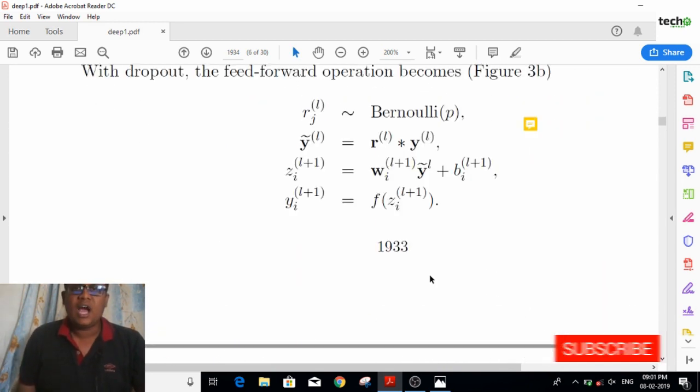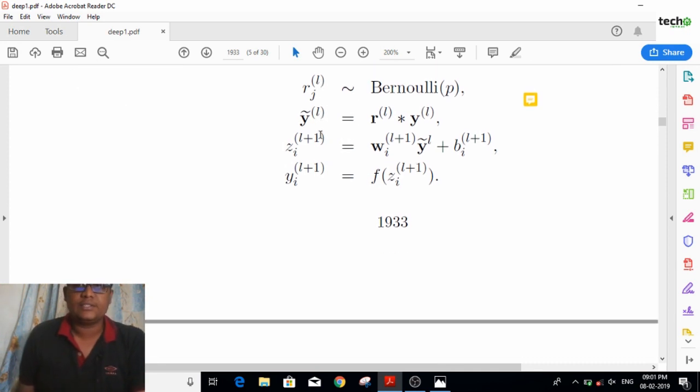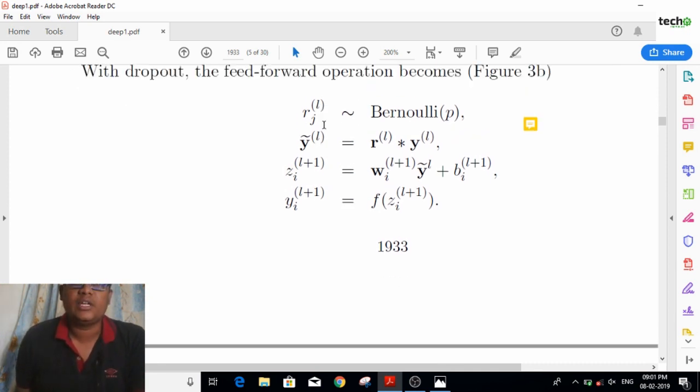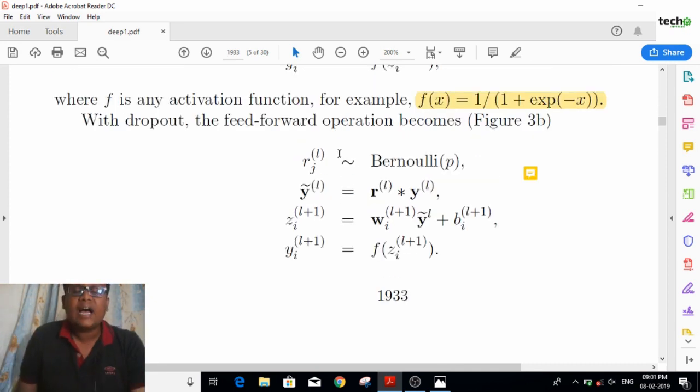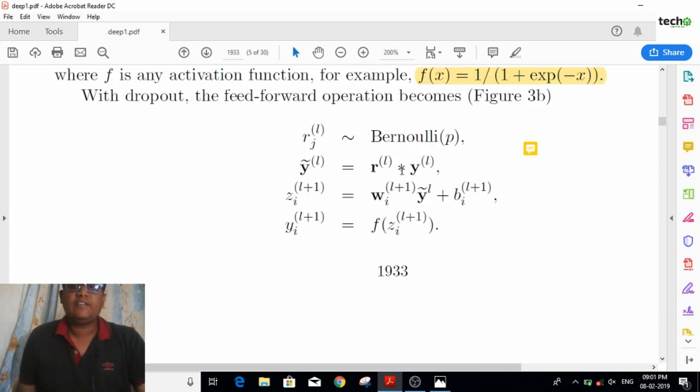So now we are going to tell you about the dropout network for feed forward or standard networks. The figure is going to tell you how to design a dropout network. So these are all the equations.